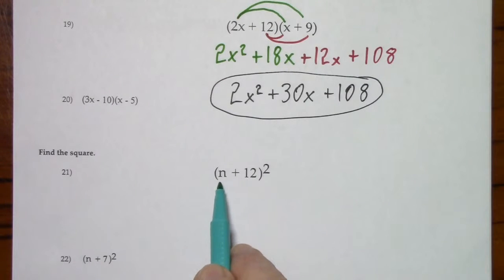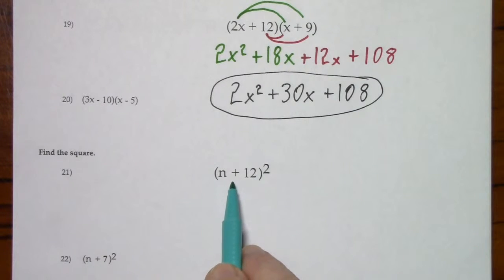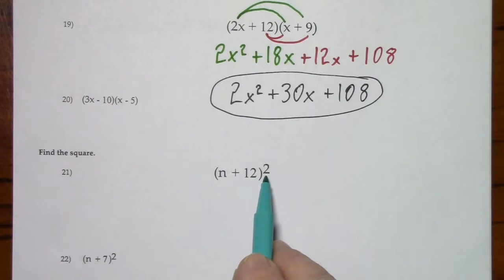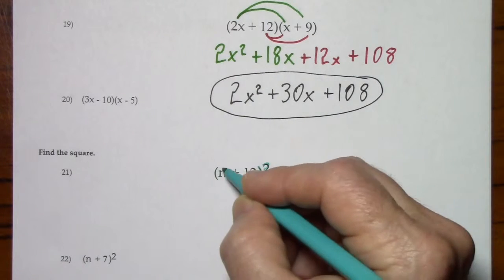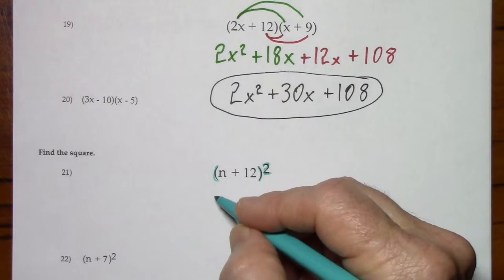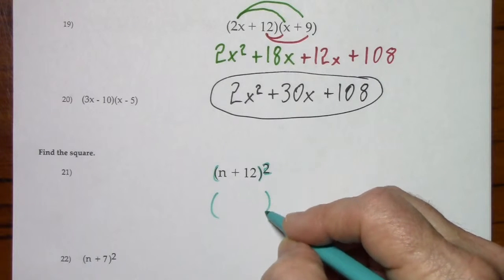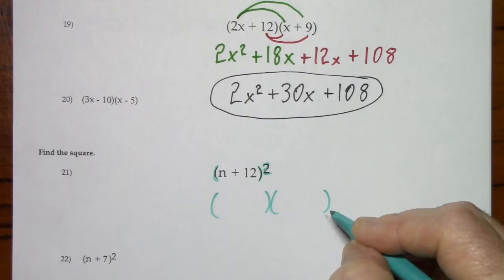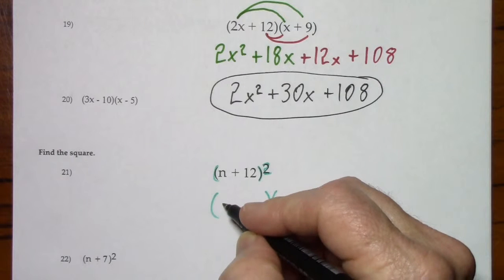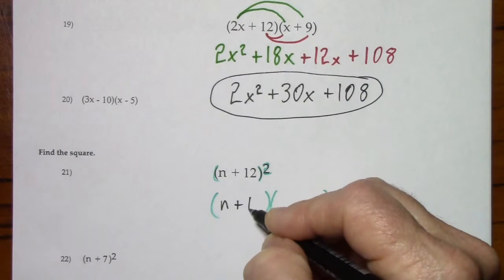Here we have two terms being added or subtracted. It doesn't matter. If they're added or subtracted, you cannot use the power rule. This exponent of 2 applies to the parentheses. That means you have two sets of parentheses. And inside each set of parentheses, you have n plus 12.